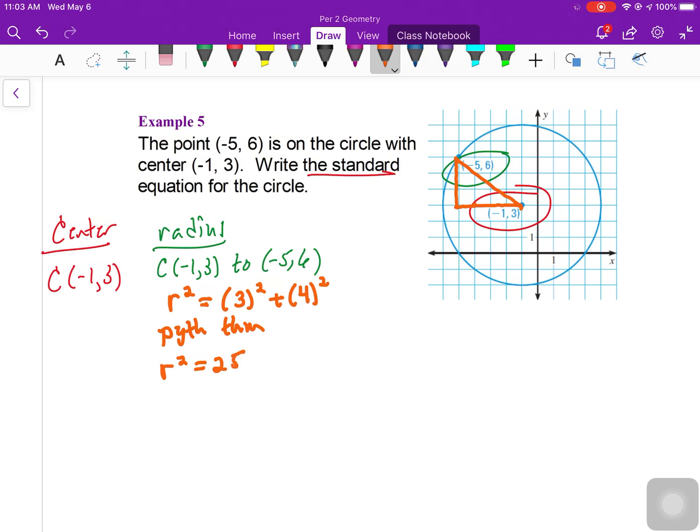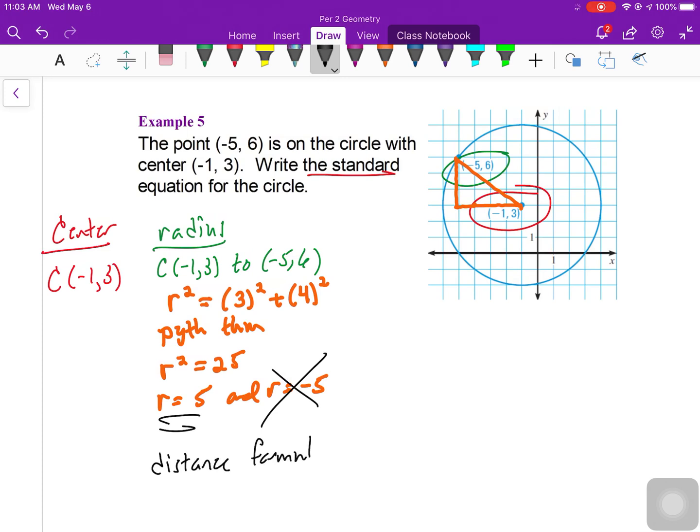That's just the Pythagorean theorem. So r squared would once again be 25. R, of course, would be 5 and negative 5. And as we've already seen, you can't use the negative for the radius. So here's my radius. Of course, the distance formula would have worked as well.